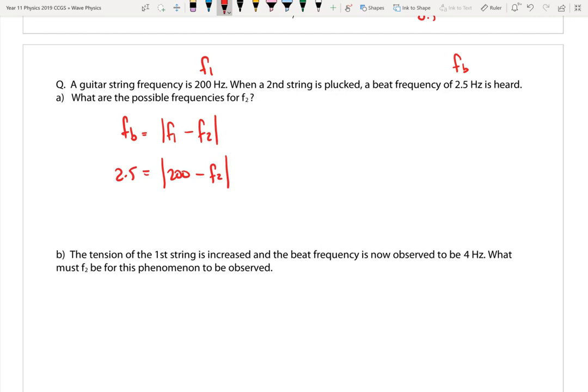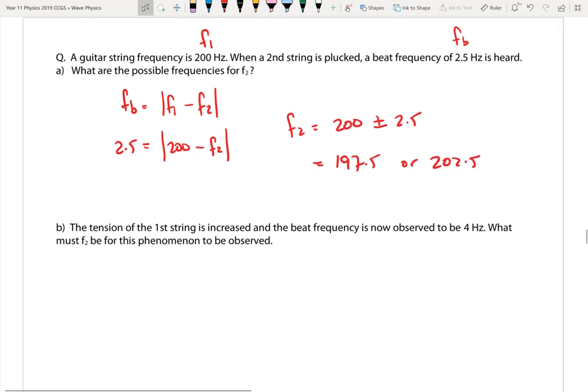And because it's an absolute value, that's why we get F2 is going to be 200 plus or minus 2.5. So it's either going to be 197.5 or 202.5. Okay? Hertz, Hz.